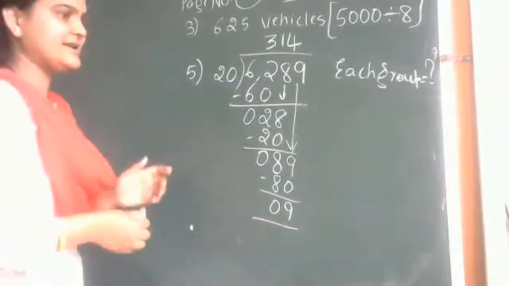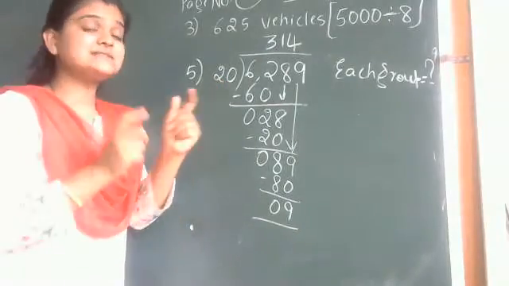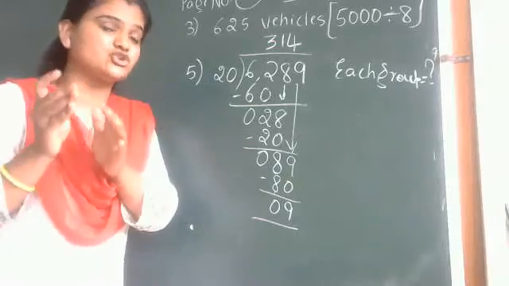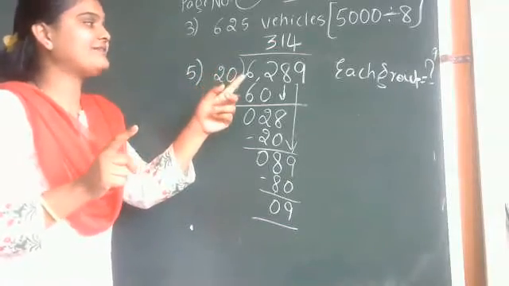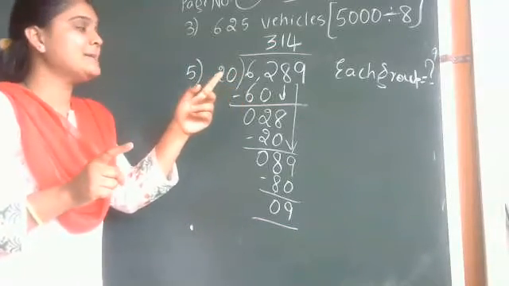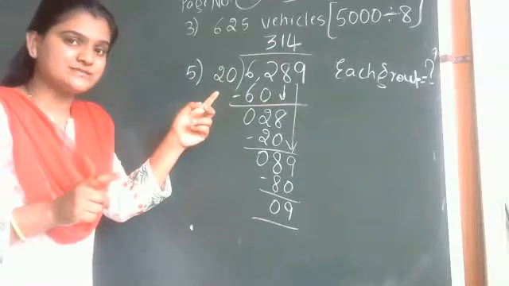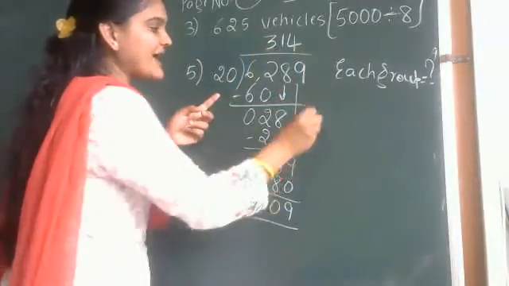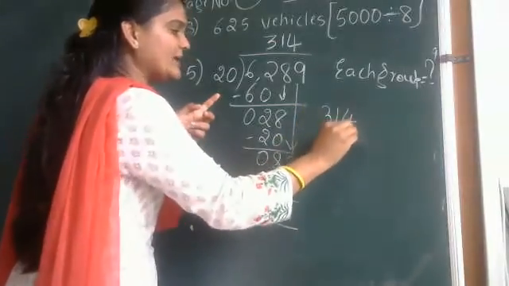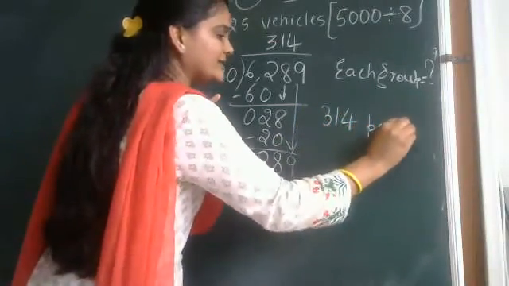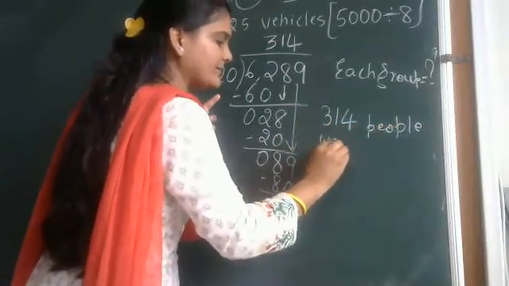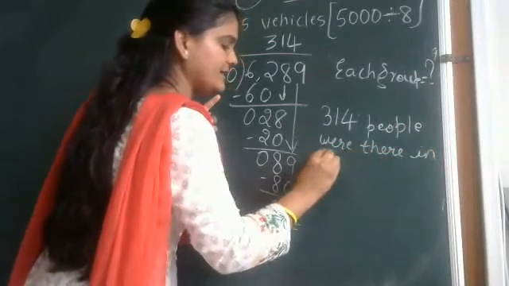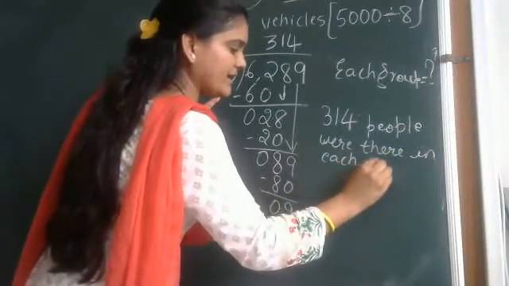I'm looking. Yes. See here, they asked how many people were distributed in each group. So to calculate each group, we have divided total number of people by number of groups. Okay, then we will get in each group number of people. So here we have 314 people in each group. Okay.